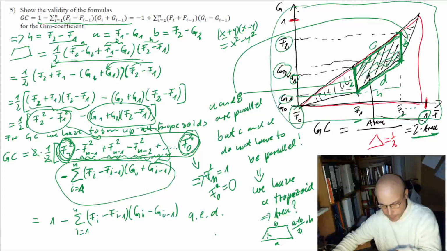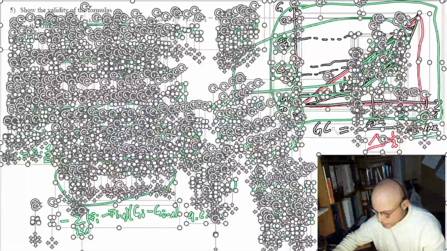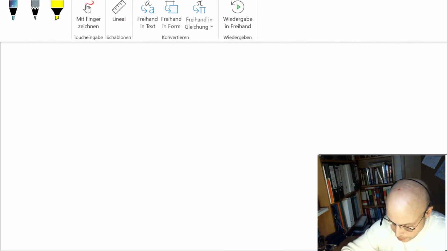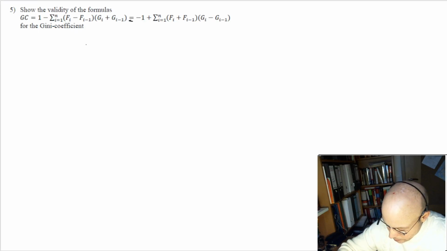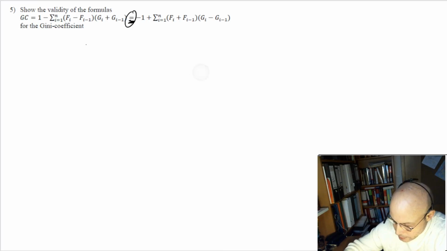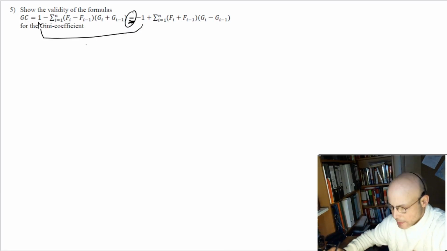So let's go here again. What we want to show now is this equality sign. Let's put this one up to here. Then we have that 2 is just the sum of these two sums.